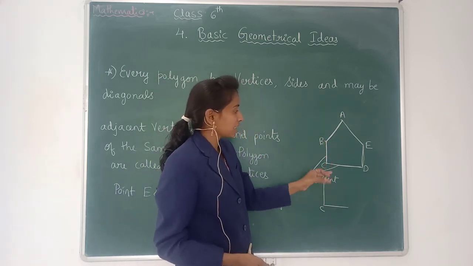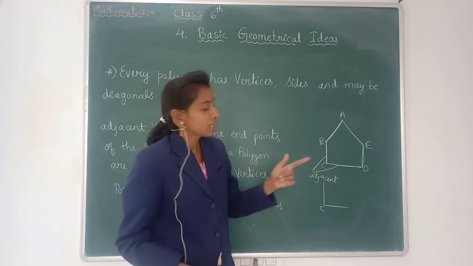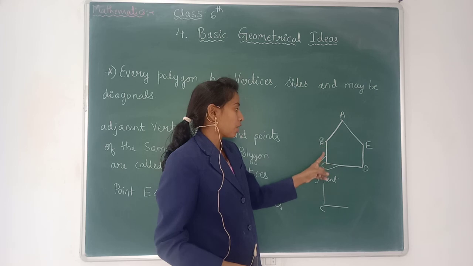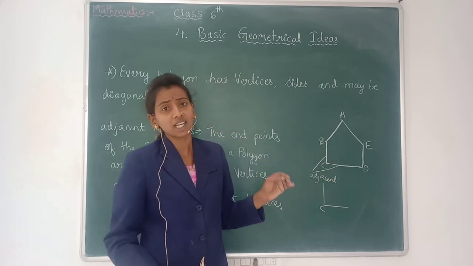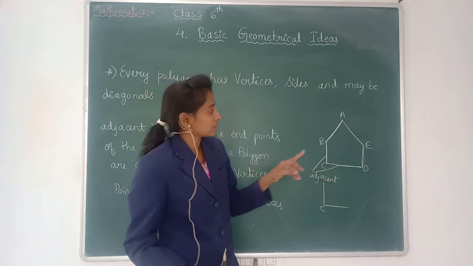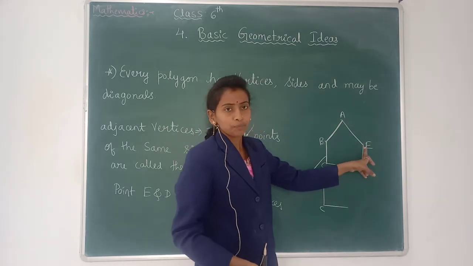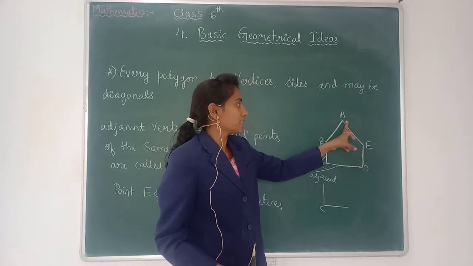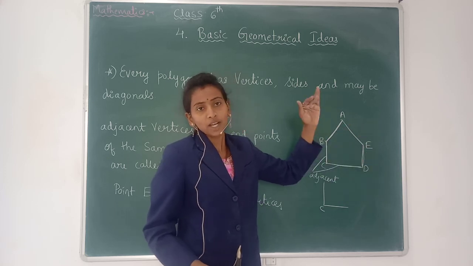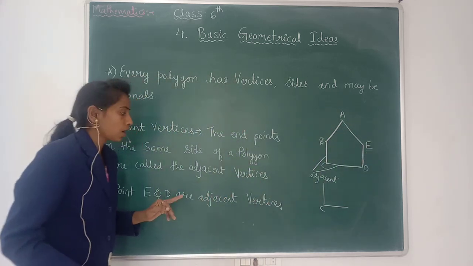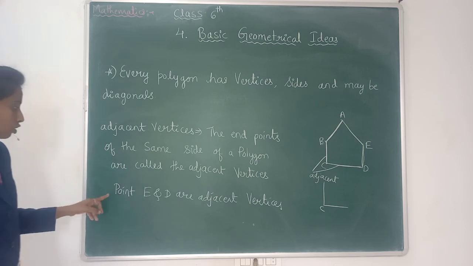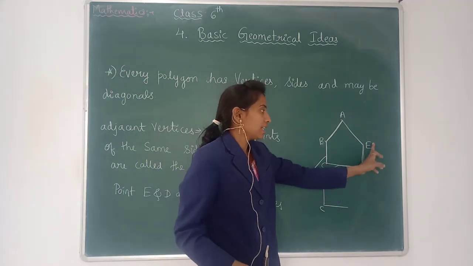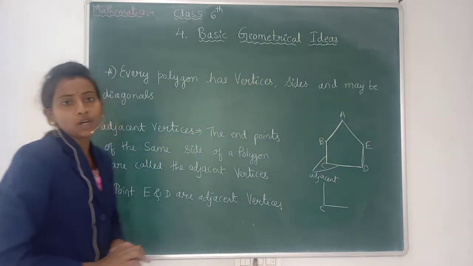See here, BC is only one side we have taken. Their end points are B and C. So B and C we call adjacent vertices. Again consider AE. The side AE has two end points, A and E. So A and E we call adjacent vertices. So points E and D are adjacent. So E and D also we call adjacent vertices.